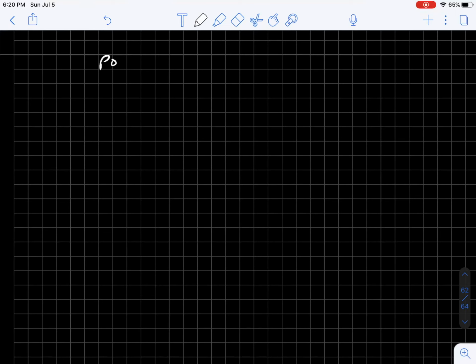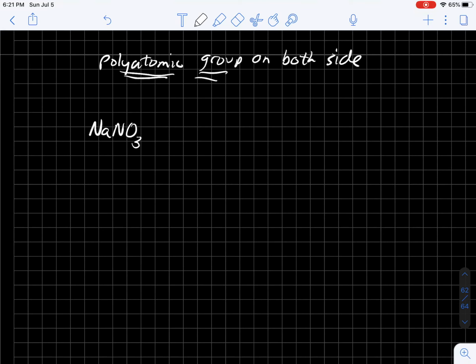Last trick. If you have polyatomic groups on both sides, then I want you to put them as a polyatomic group in the inventory. Now this only works if they have the same group on both sides. So let's do something like this.